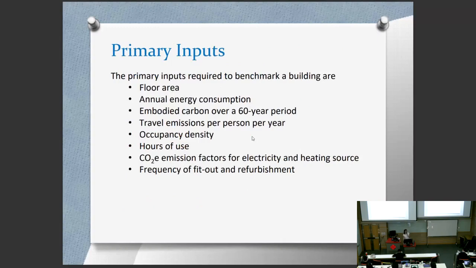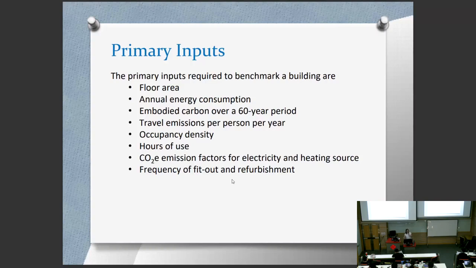And the primary inputs. In order to calculate the whole carbon footprint and compare to the benchmark, you need to know the floor area, annual energy consumption, the embodied carbon, the travel emissions per person, like the distance, and whether by MTR, by driving, or walking to the office, the occupancy density, the operation hours in a year, the emission factors for electricity, town gas, and other energy, and also the frequency of fitting out and refurbishment, so as to calculate the recurring embodied carbon.